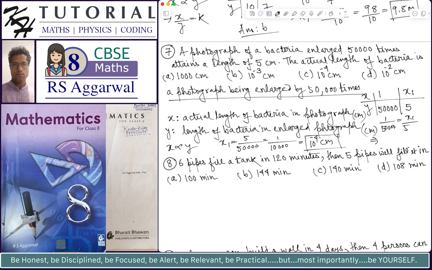So the actual length of the bacteria is 10 to the power minus 4 centimeter. So the correct choice is C.